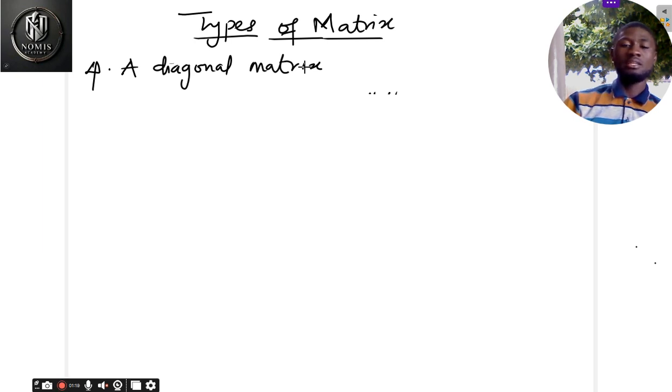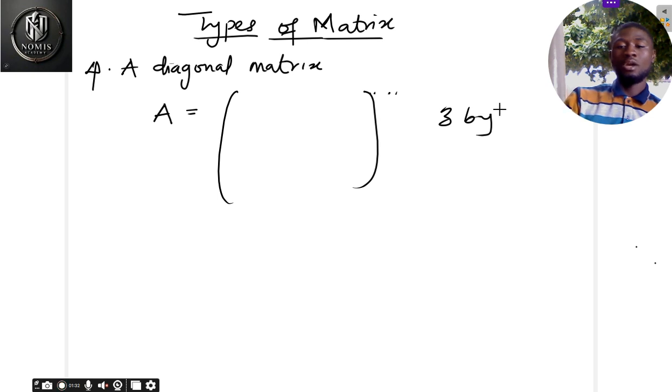What do I mean by leading diagonal? Let's take an example to describe what we mean by diagonal matrix. Let's say matrix A this time is a diagonal matrix, a 3 by 3 matrix. That means all elements are 0 except the leading diagonal.